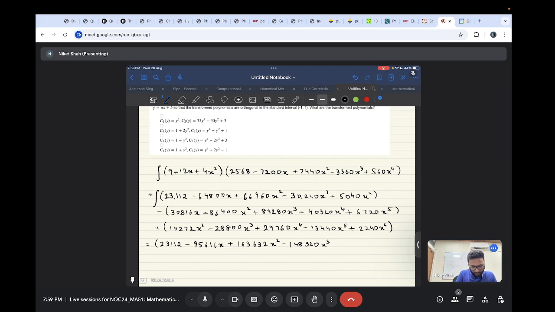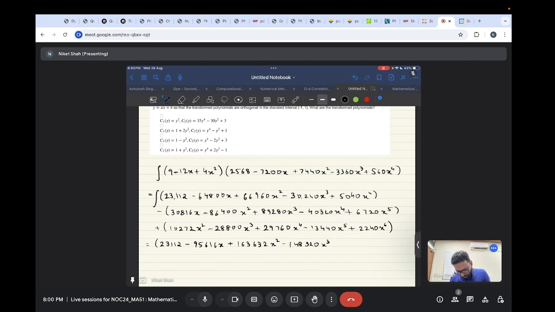Here this is 5040 plus, minus minus becomes plus, plus 4320 x power 4 plus 29 sin 60 x power 4.